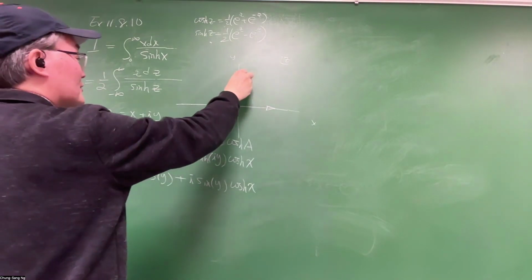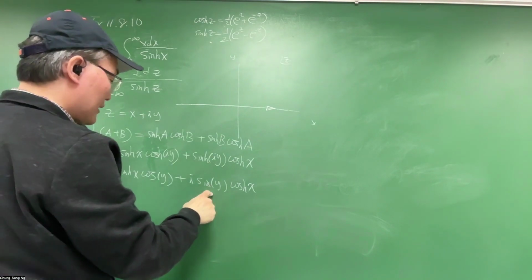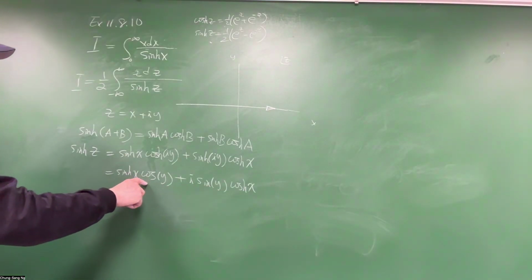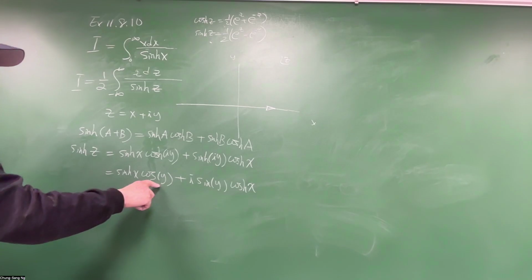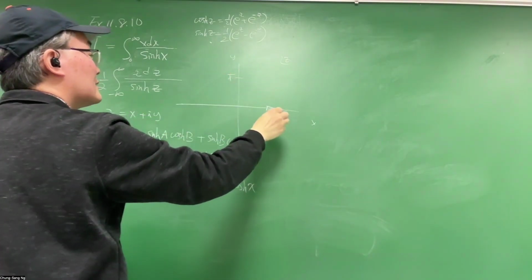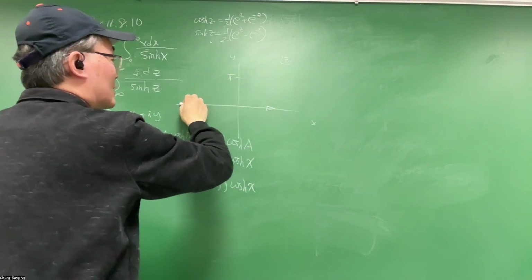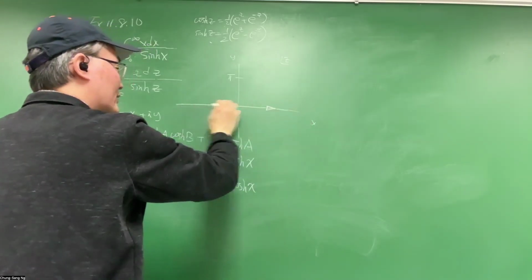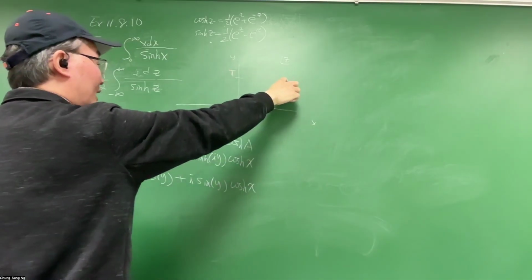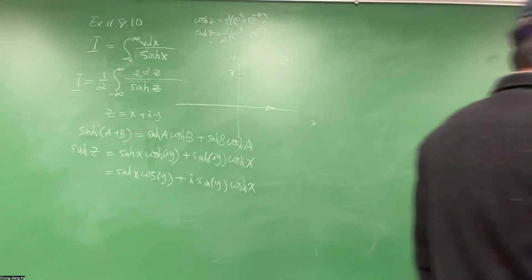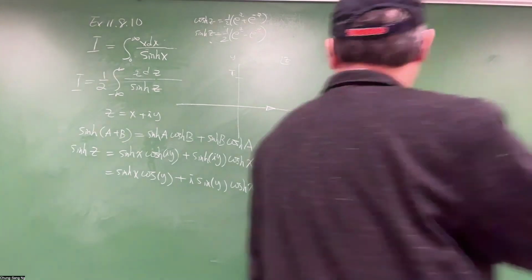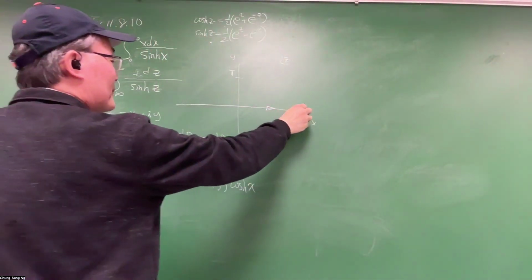You can choose pi: sine pi is 0 and cosine pi is -1. So that probably will work. So there's a pi here, and you want to connect the real axis with a path integral along y equals pi. You can choose different paths, it's just the same.